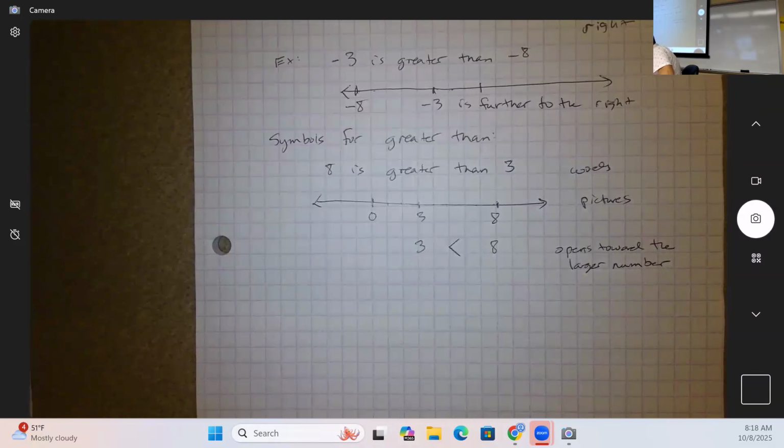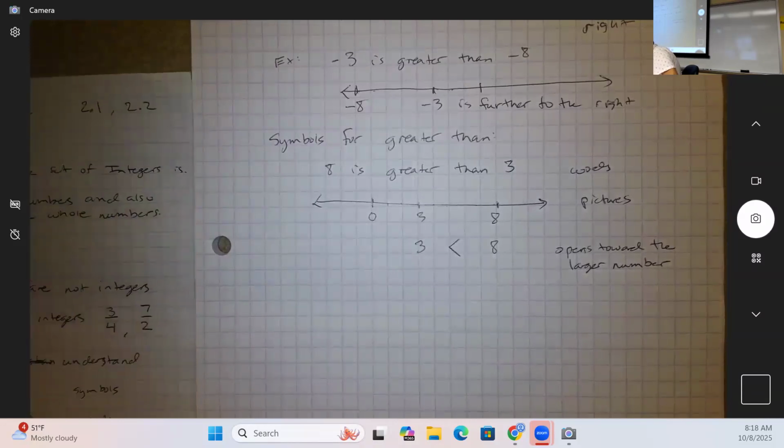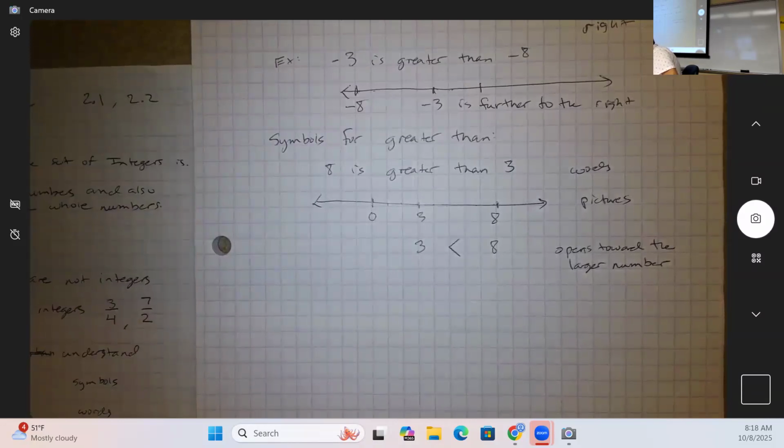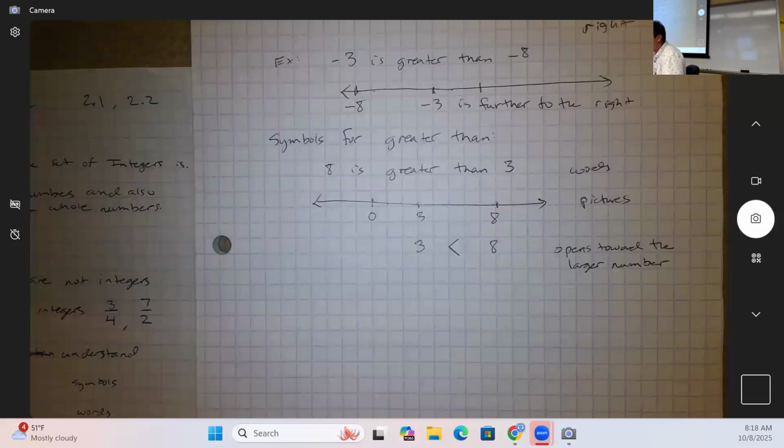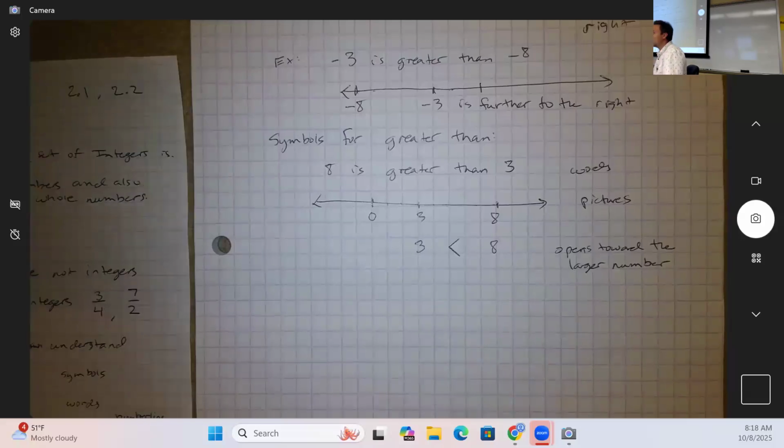I go through this in a lot of detail because I think everybody can kind of say, well, yeah, I know 8 is greater than 3. I know 3 is greater than -8. I could put it on a number line. But these particular symbols that we choose to use can get a little confusing because you can write them in different orders. And sometimes you have to put a little line underneath. And what does that mean?